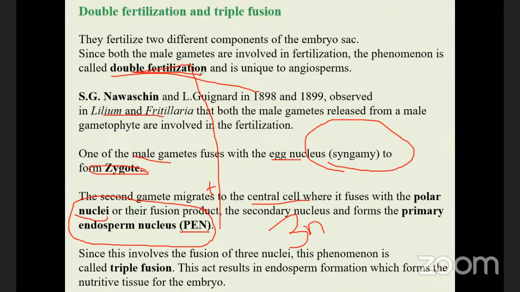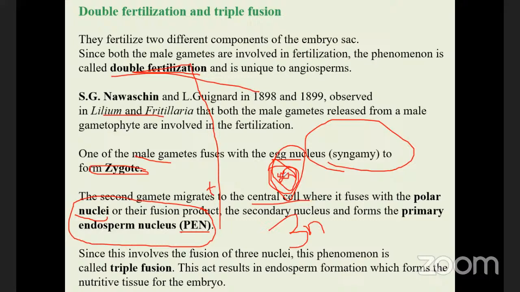So after fertilization, the embryo is forming and the endosperm is also forming. Diploid embryo, triploid endosperm. Endosperm is not always triploid in all plants. Suppose in Drusa, it is 9n. In Fritillaria, Plumbagella, it is 6n.